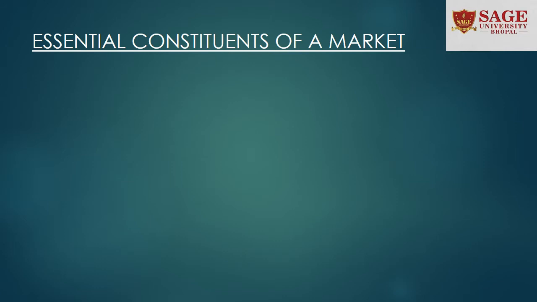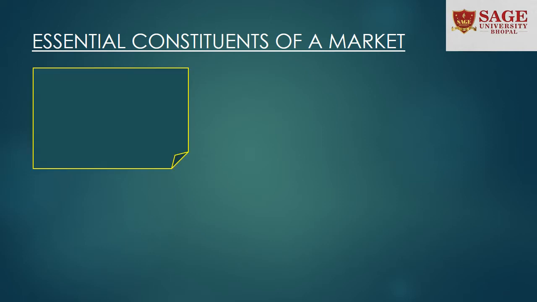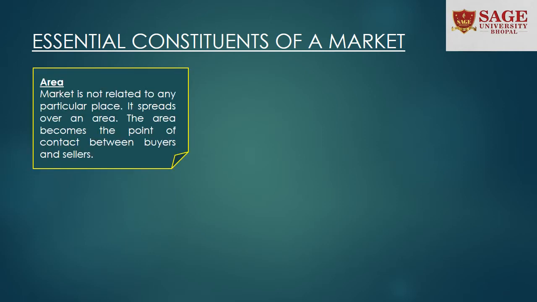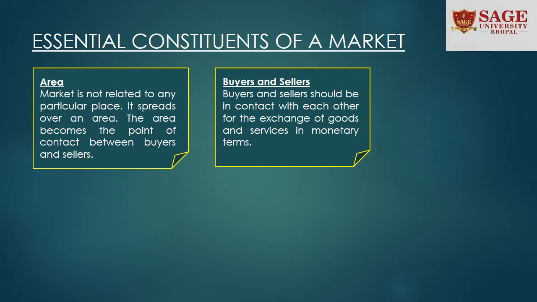Let's move on to the essential constituents of a market. First, area. Market is not related to any particular place. It spreads over an area. The area becomes the point of contact between buyers and sellers. Next is buyers and sellers. Buyers and sellers should be in contact with each other.